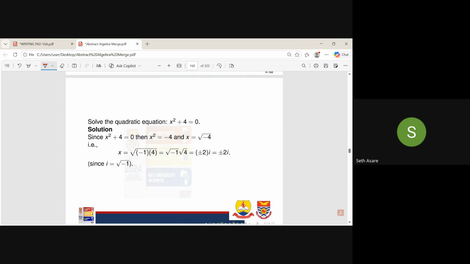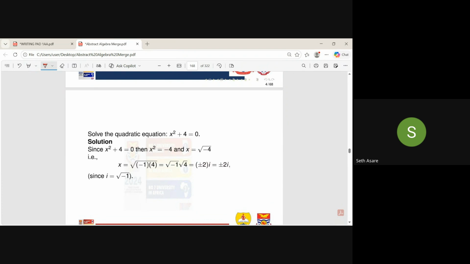Now let's solve this quadratic equation. We have x squared plus 4 is equal to 0. So we have x squared is equal to minus 4. Then x is equal to the square root of minus 4, which we write as the square root of minus 1 times 4.